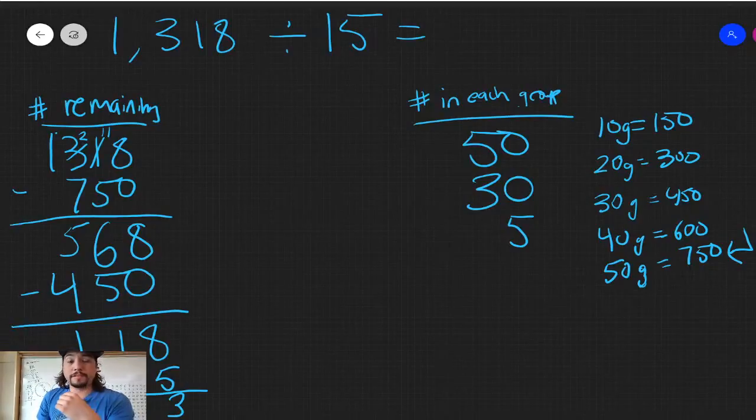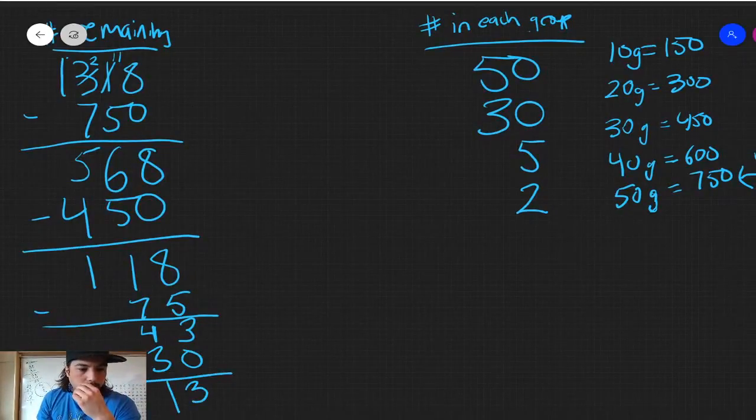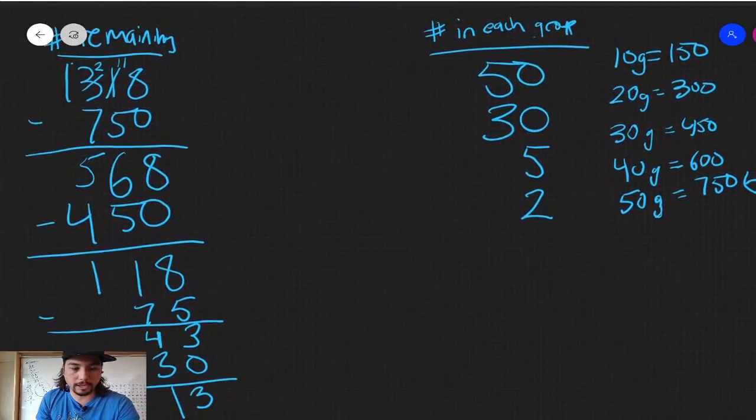Then, well, I know 15 times 3 is 45. So we can't use that. So it must be 15 times 2. Let's put 2 in each group. 15 times 2 is 30. With 13 remaining.